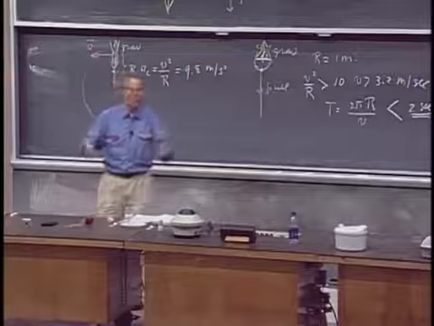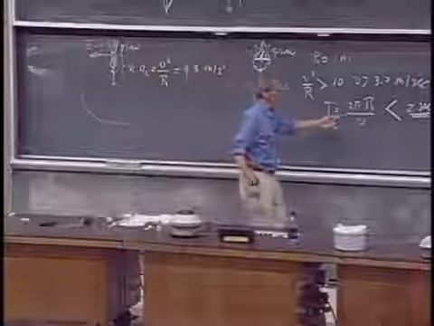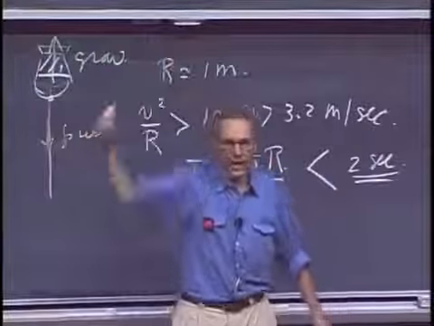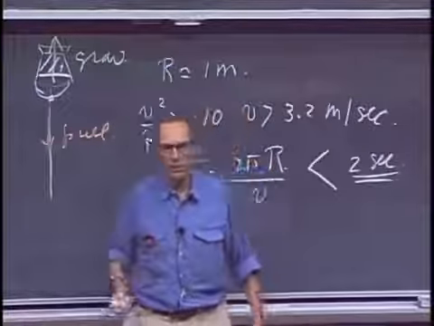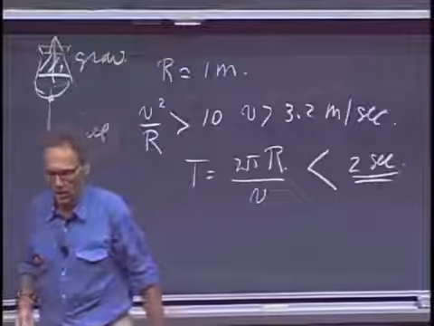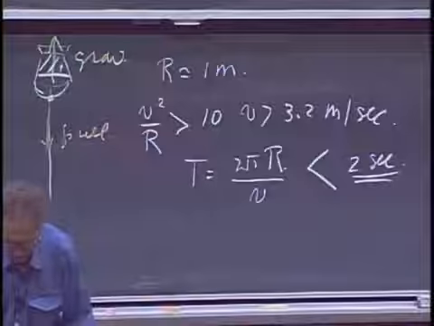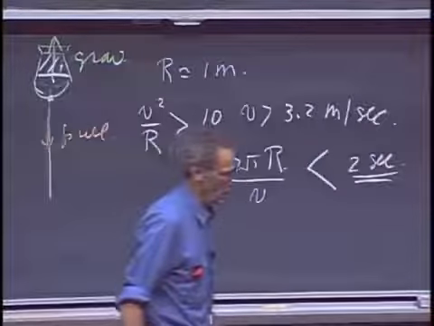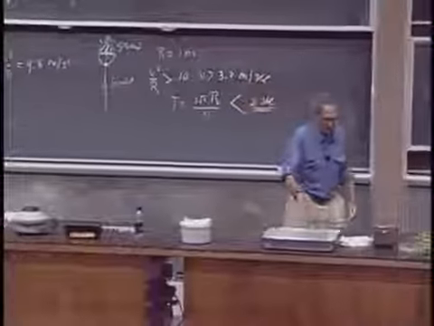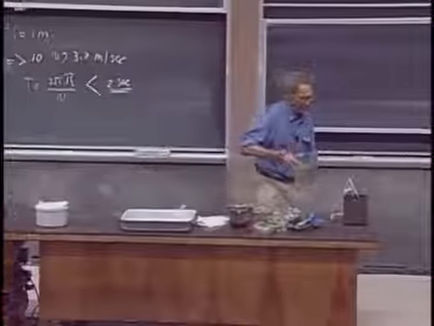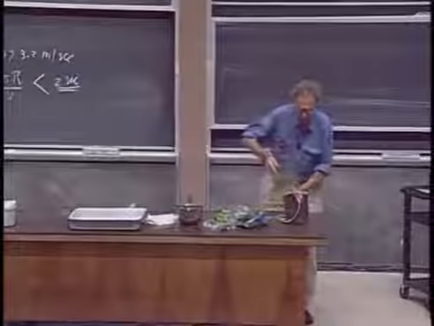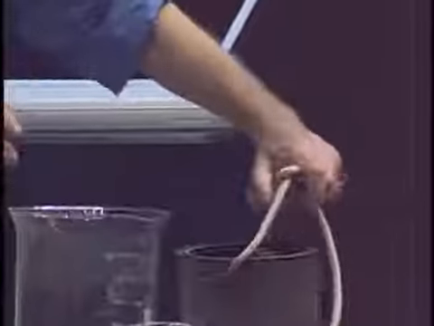But it's close enough to get an idea. So if I rotate this faster than in 2 seconds, when the bucket is upside down, if physics works, the water should not fall out. So let us fill this with water. There we go.